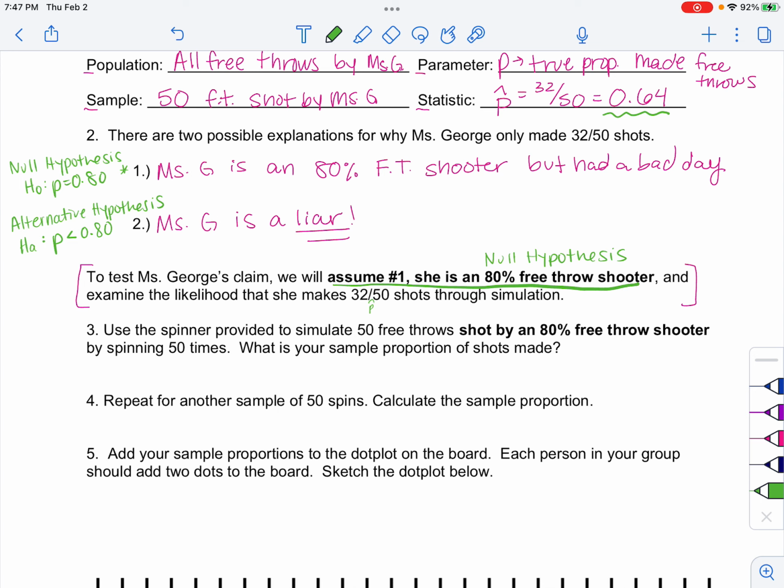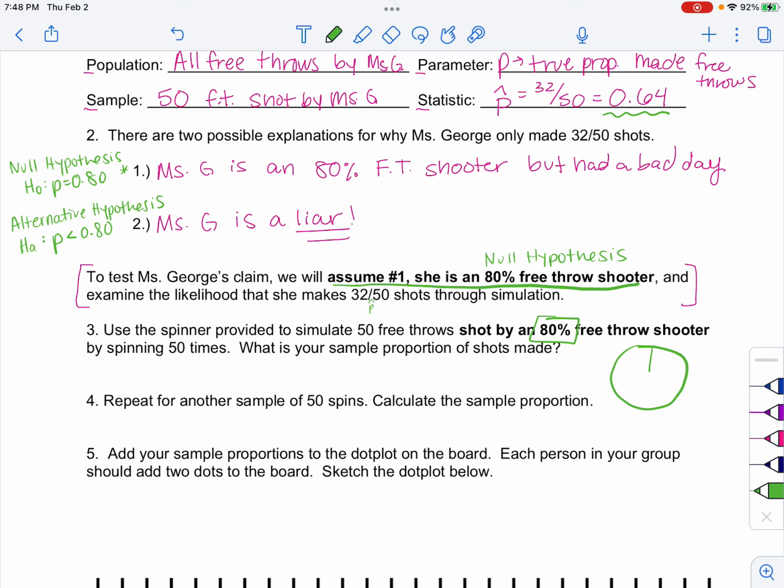Now, I did not provide you a spinner, so as you got to this section, maybe you were able to find a way through random sampling or an online spinner in order to simulate 50 spins and making 80% of them. What you're trying to do, if you're going to make your own spinner, to represent 80%, let's think, that is 4 out of 5.